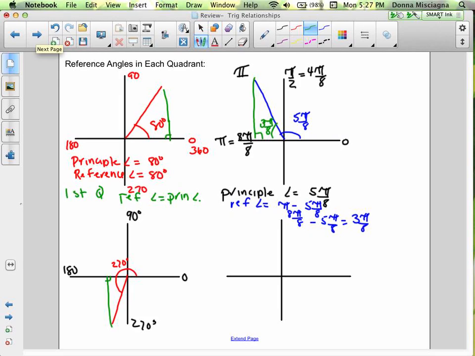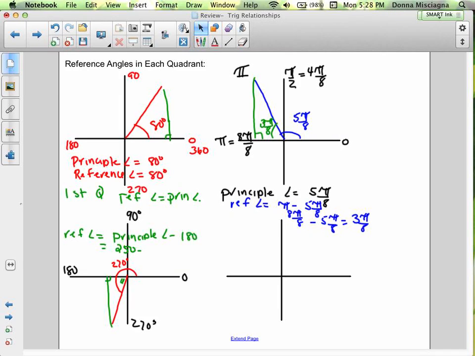To find how much this angle is, the reference angle is going to be the principal angle minus 180. Oh, I wrote 200, or maybe 270 or 220 here, but either way, that was supposed to be 250. That's what we were graphing.